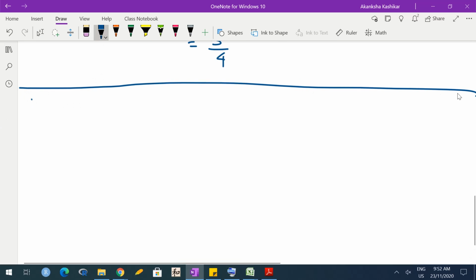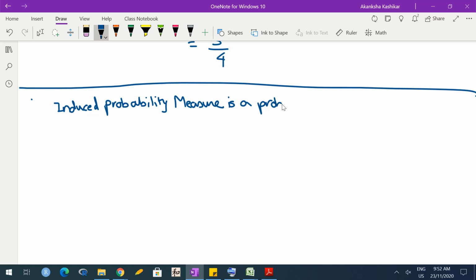So, the induced probability measure is a probability measure. We will try to prove this. What do I mean by this?